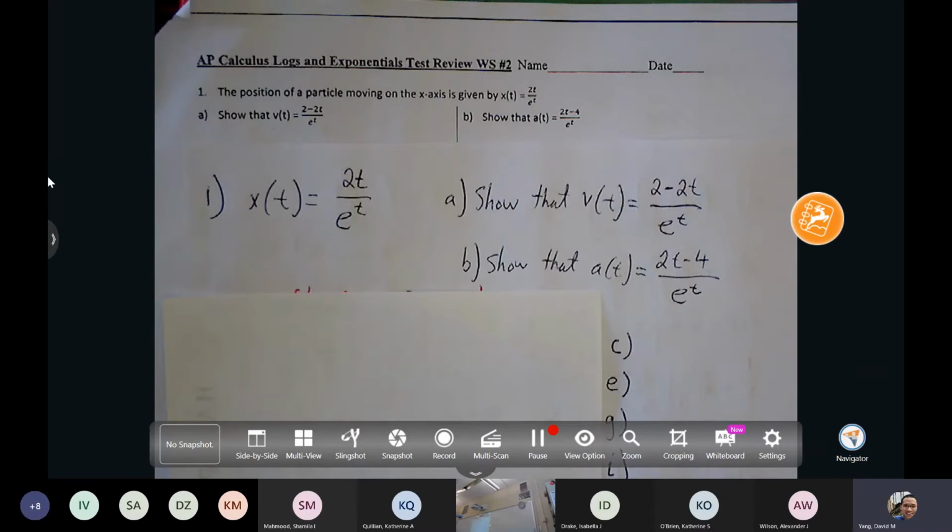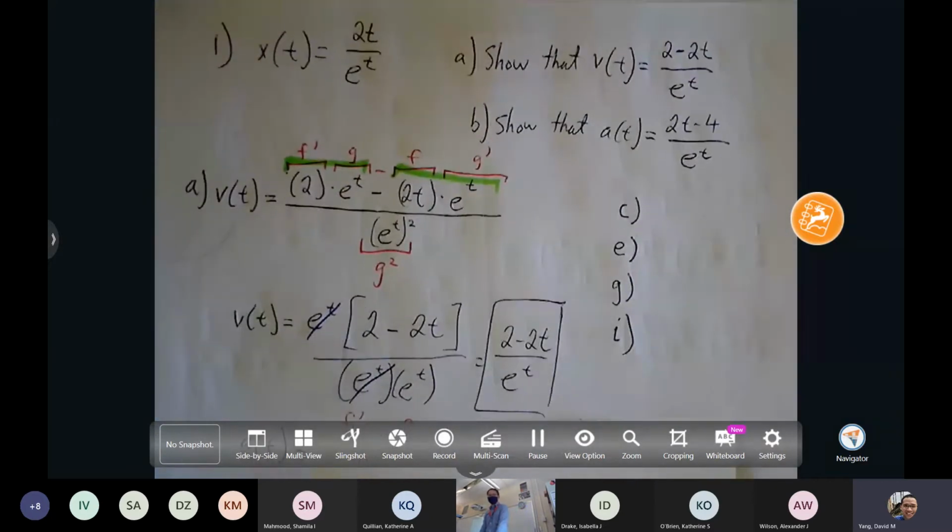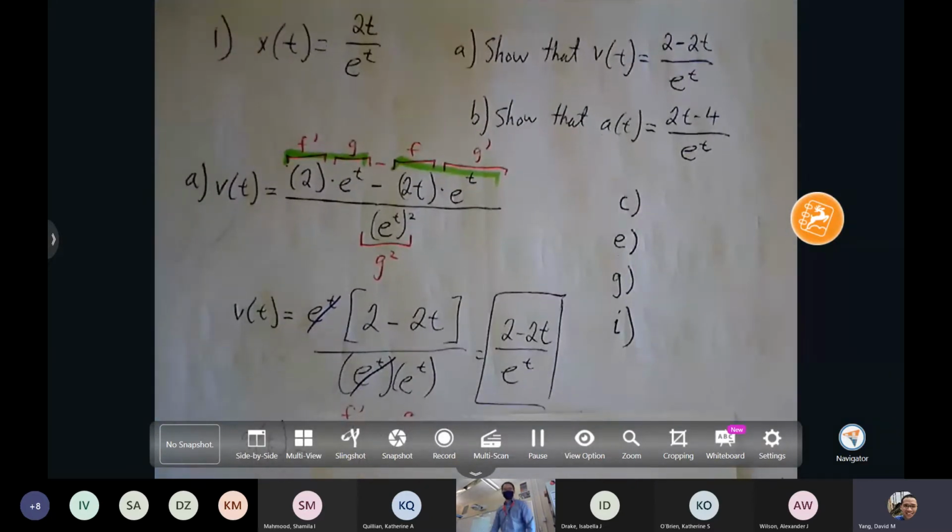Let me show work for velocity. Now we need to make our way down to acceleration.